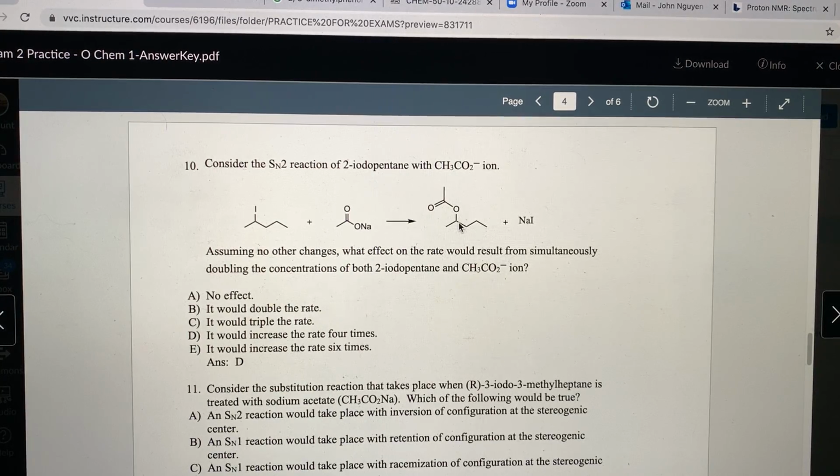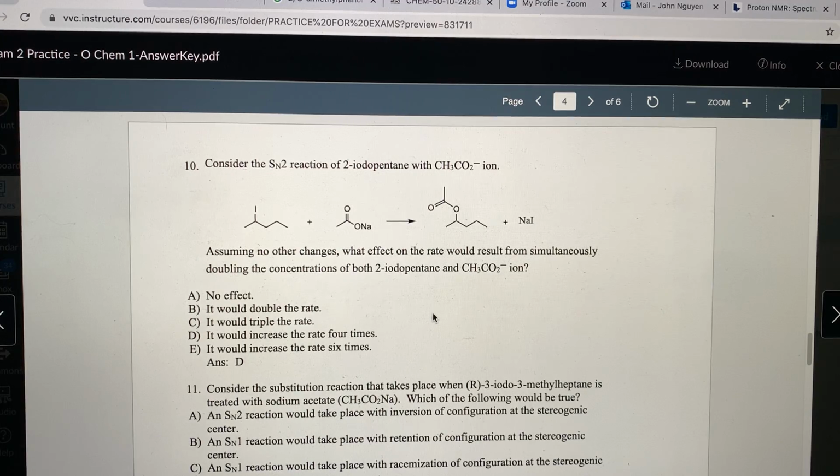And you can see the product. It shows us here the product. So it looks like iodide is kicked out, and then you got the acetate ion replacing the iodide. So that's a substitution, and it tells us it's SN2.